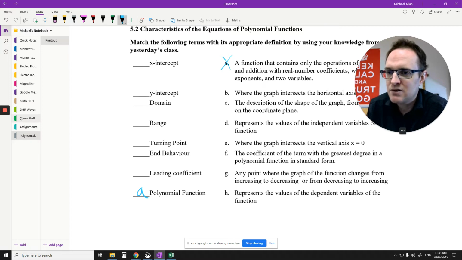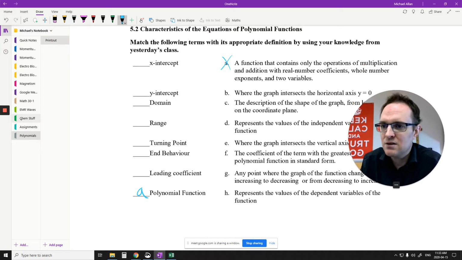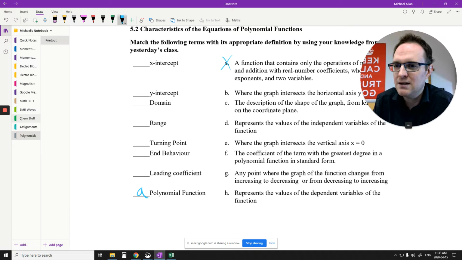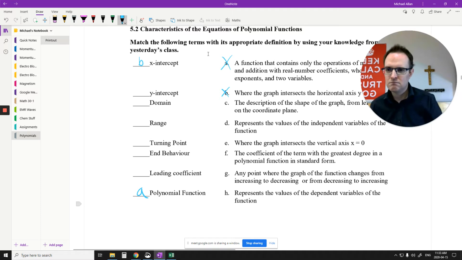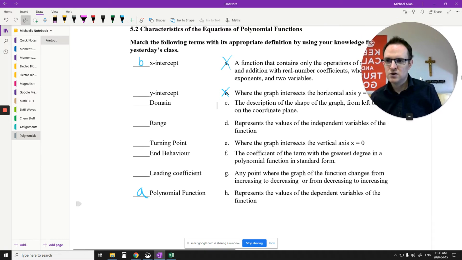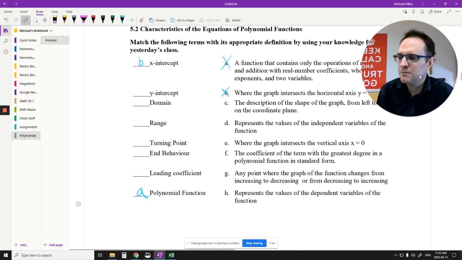Where the graph intersects the horizontal axis, which is y is equal to 0. So remember we said before, when y is equal to 0, that is our x-intercept. And that's the horizontal axis, right? Okay.